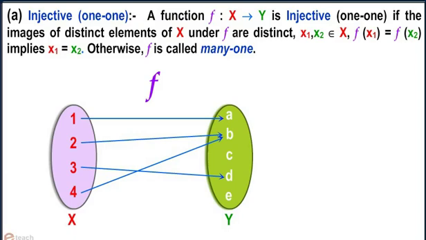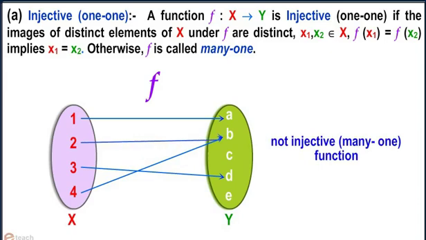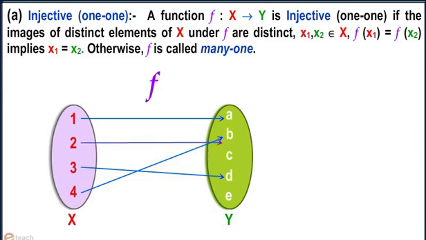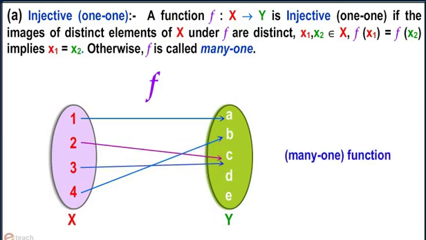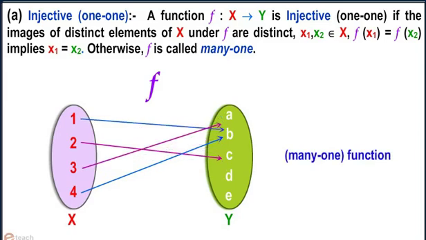In this function f, 1 and 3 have the same images, hence it is a non-injective or a many-one function. In this function f, all have different images, hence it is an injective or a one-one function.